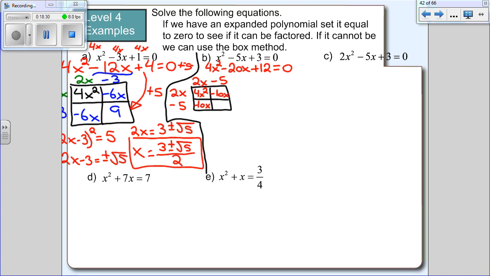It should have been 25. In reality, it was positive 12. So you need to turn that positive 12 into a positive 25 by adding 13 to both sides. This turns your original quadratic into 2x minus 5 squared equals 13.